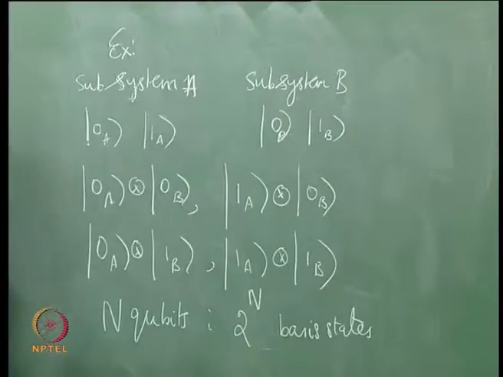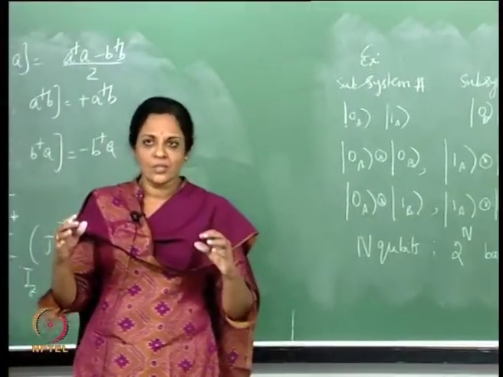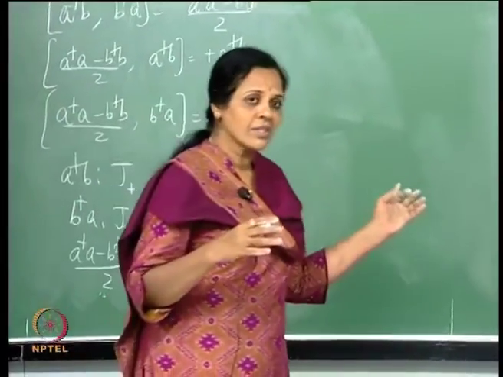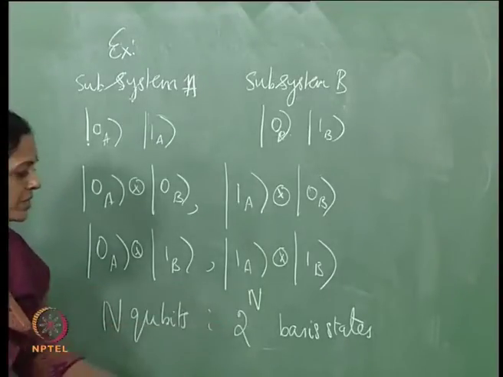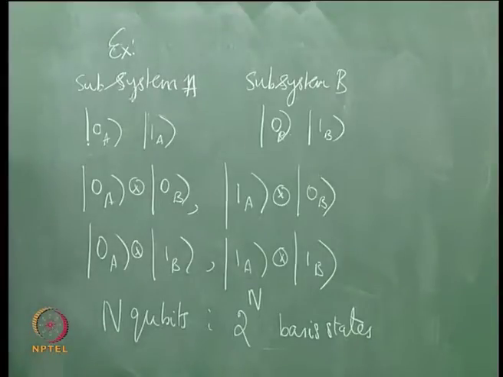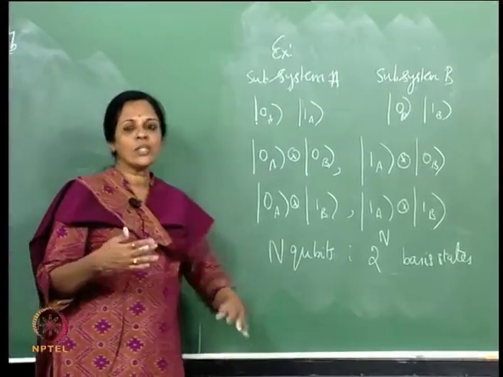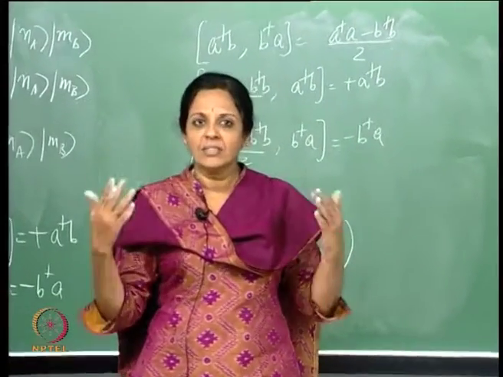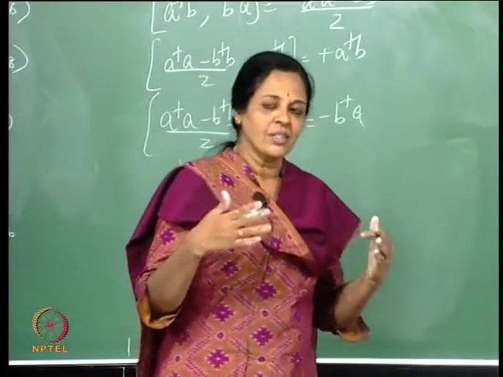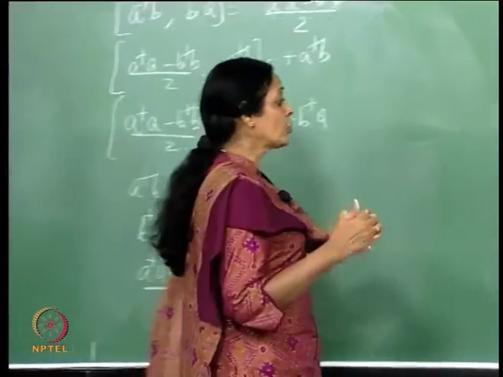In other words, I can have small subsystems, in this case each is a qubit, a doublet. I could combine a large number of them and provide 2 to the n basis states for the composite system, instead of choosing a single system with a very large linear vector space, in the sense that it is a single system with 2 to the n basis states.